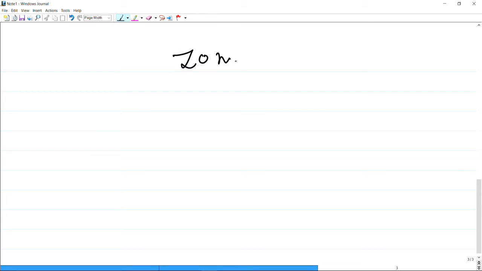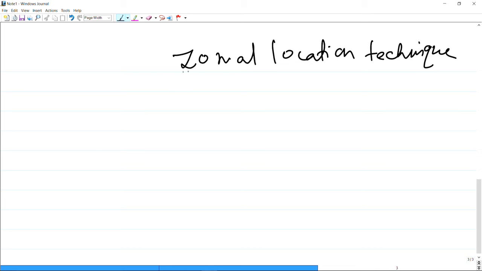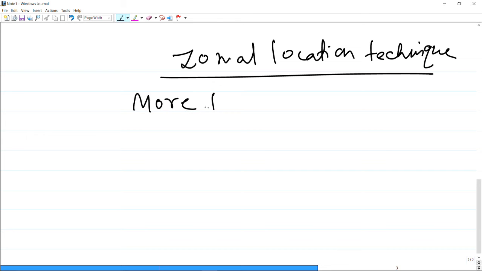So, in the zonal location technique, you have more than two sensors, which are placed at different locations on the structure which is being examined.